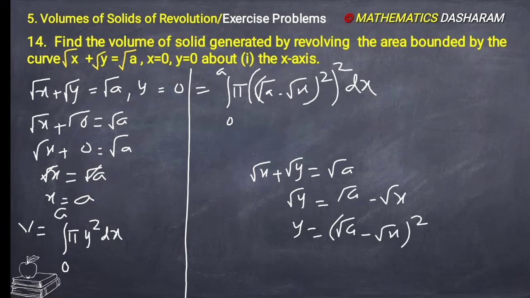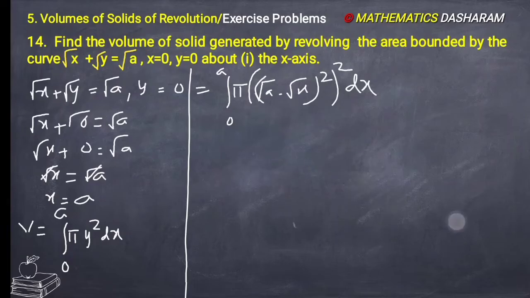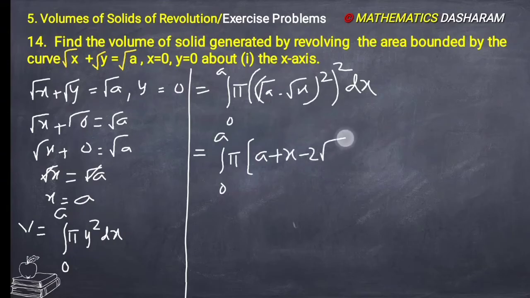So dx. Next, using the a minus b whole square formula, integration 0 to a, pi into a minus b whole square formula: a square, then square root cancels, x square, minus 2 into root a into x, whole square dx.